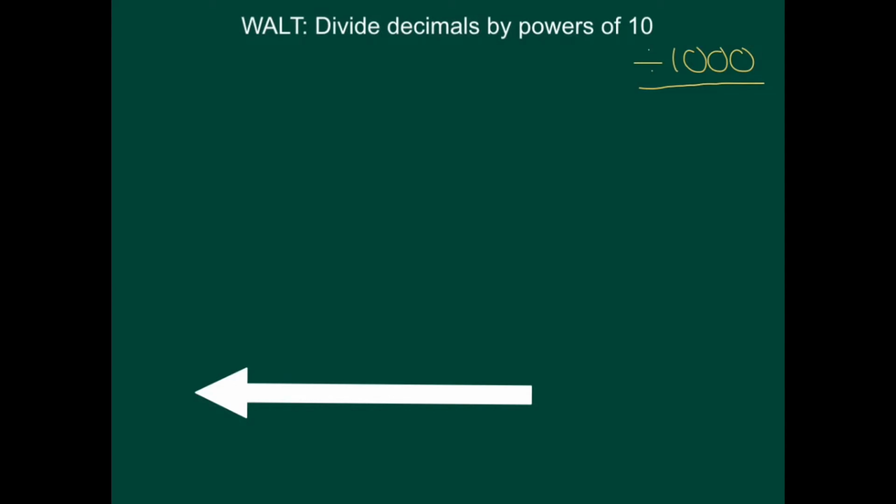Now let's go super tricky. I think you're ready for it. Let's try 1.2 divided by 1000, big ones. Alright, so we're going to move this decimal place 3 places now. And there's not a lot of numbers here, so we're going to have to put a few placeholders in. So if we go 1, that's okay, no room for a placeholder here. 2, put a placeholder in.